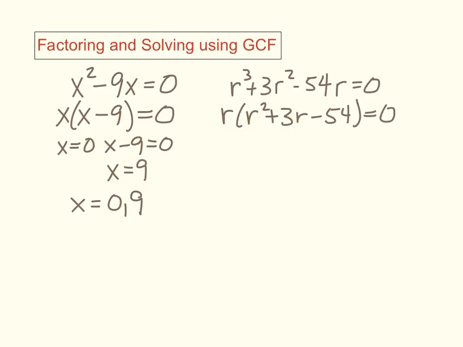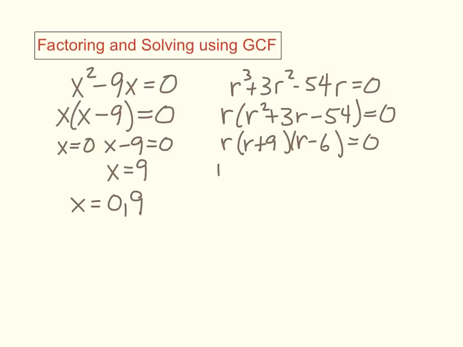And now I can factor r squared plus 3r minus 54 into its two terms, the two numbers that multiply together to give us negative 54 and add together to give us 3. That would be r plus 9 and r minus 6 equals 0.